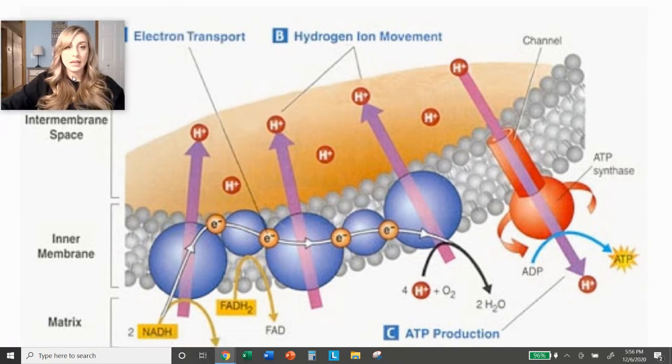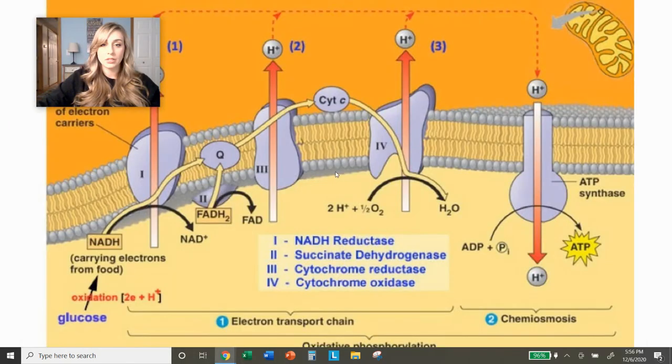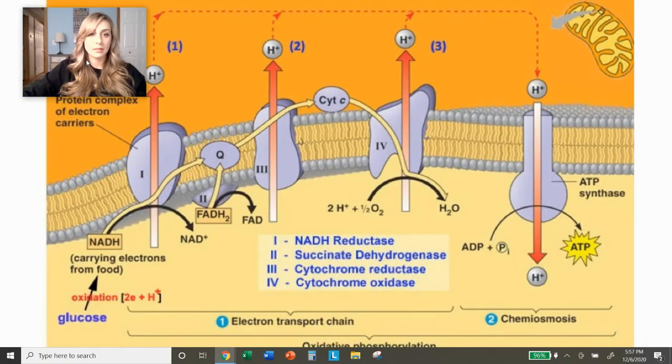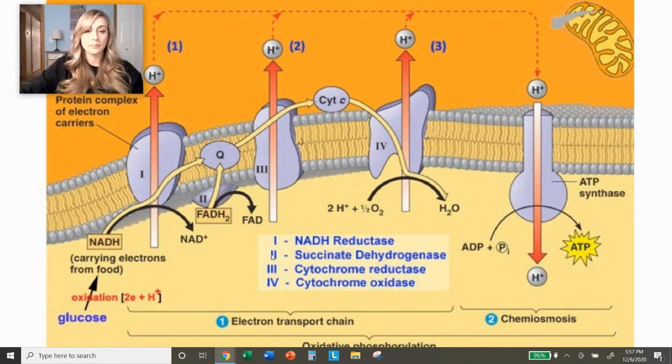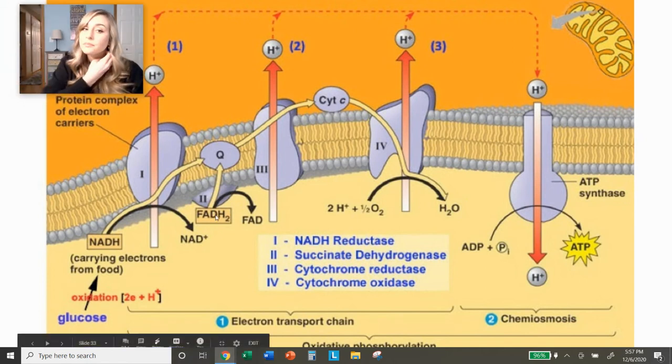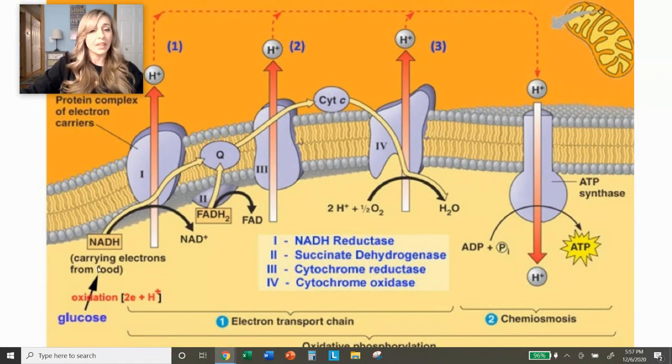All right, so here's the electron transport chain. I think I like this picture a little bit better. So here are the electron carriers, carrying electrons from food, because essentially we're breaking down glucose, or that's what we've done. Here's NADH, here's FADH2, dropping off electrons.